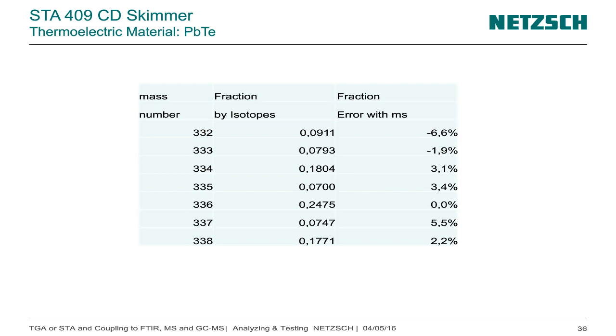The mass number 336 was the highest fraction by isotopes, and I normalized the areas to the area of the 336 and then calculated the isotope fractions, which I found by the mass spectrometer. There's an error of, let's say, 5 to 6 to 7% maximum with the low values. So this is not bad, and as I have shown you with the carbon dioxide, this also works for inorganic materials with much higher mass number.